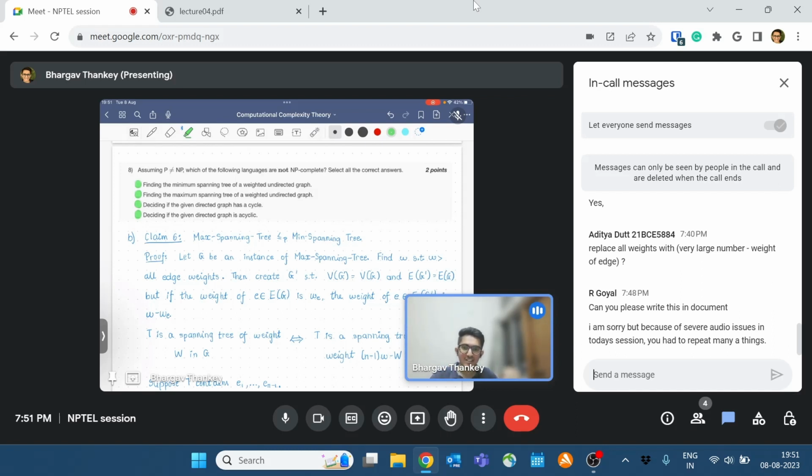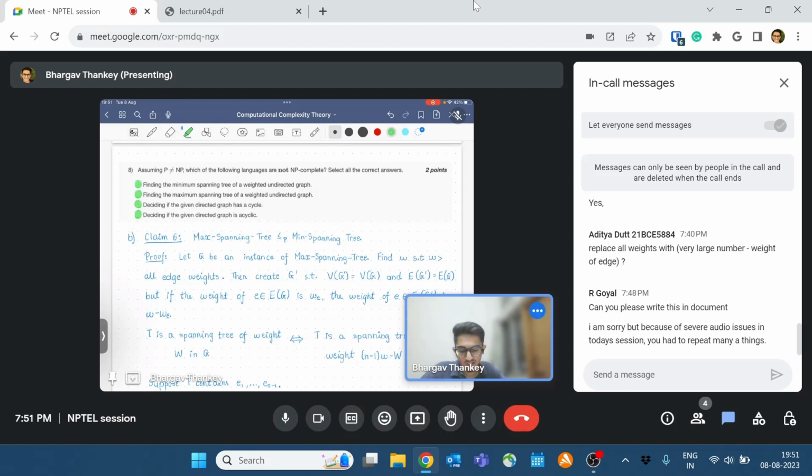While doing this DFS, pay heed to this: whenever you encounter a node and you check the visit, if the visit is already 1, then there is a cycle. So is it clear how you can find a cycle in a directed graph using DFS? Yes.